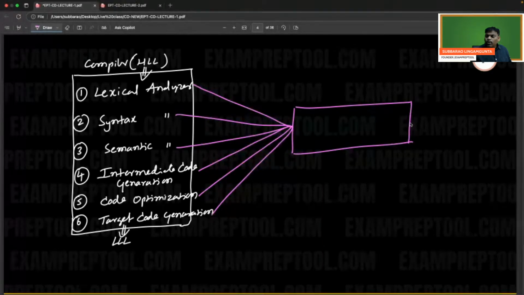Like when class is going on, if I want to store something, I will store it on the board, and you write in your notes. Similarly, during compilation, they store things in the symbol table.